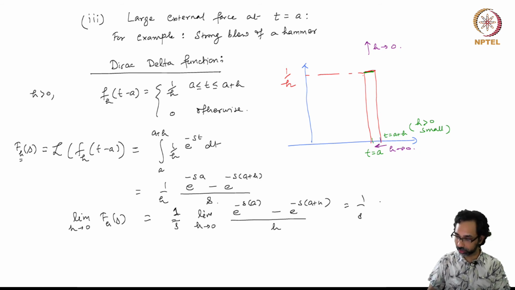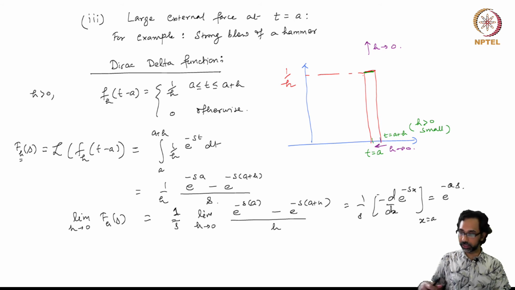So this is 1 over s times the negative of the derivative of e to the power minus sx evaluated at x equal to a. So you will only get e to the power minus as.